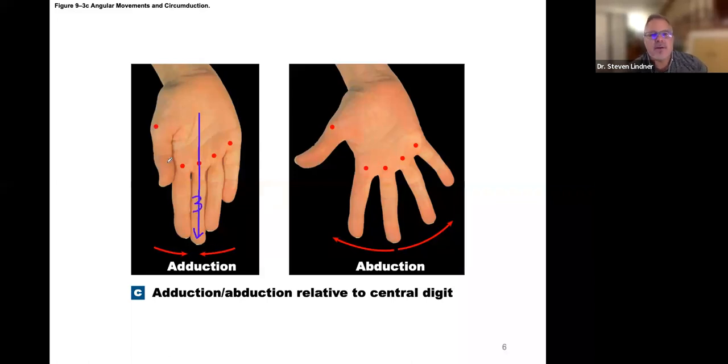So if digits number 1 and 2 and digits number 4 and 5 are close to digit 3, then they're adducted. They're actually moved towards midline. If you spread them away from the reference point, which is the third digit, and you move them apart, that is abduction of the fingers. Okay.